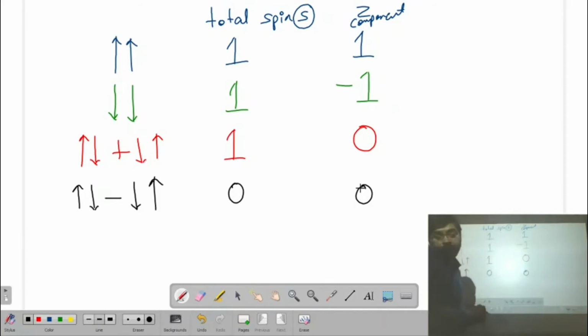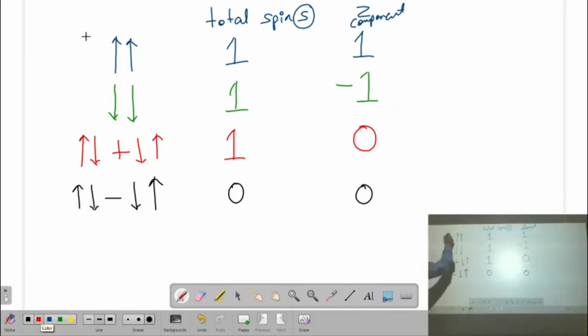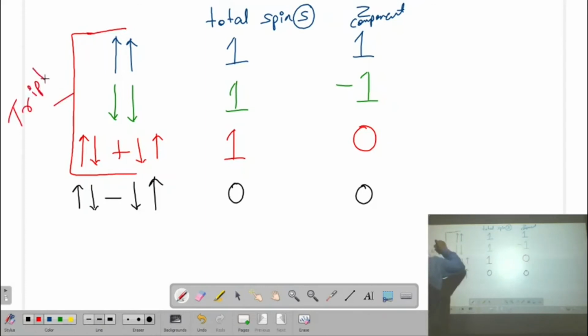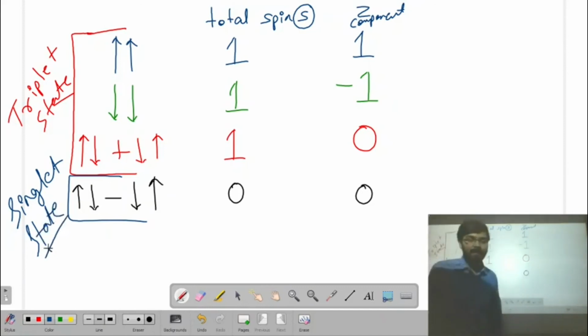So over here we have 4 possibilities of spin states. These are known as triplet states. And the last one is known as the singlet state, right?